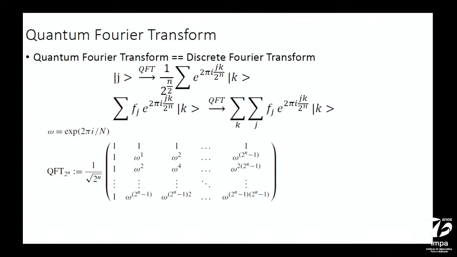The goal of Fourier transform is just to say that if I have a number J, to create a signal of a frequency J somehow. This would be e to the power J divided by 2 to the power n, which means that I create a kind of periodic sequence.